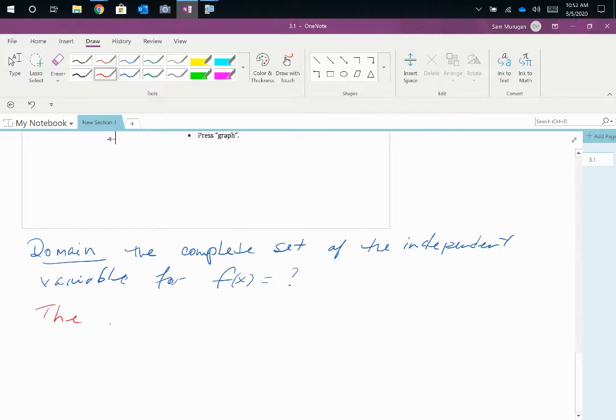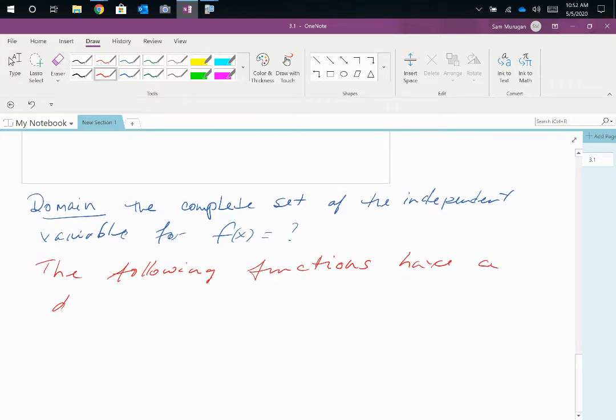The following functions have a domain of all real numbers, the set of all real numbers. That's the set builder notation, or this can also be written as negative to positive infinity.